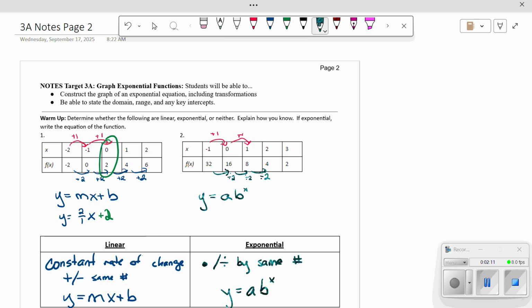Your a is your starting value, like b. It's kind of, well, actually, it is very much so when you don't have shifts, your y-intercept. So my a value here is 16. Your b value is what you multiply by.